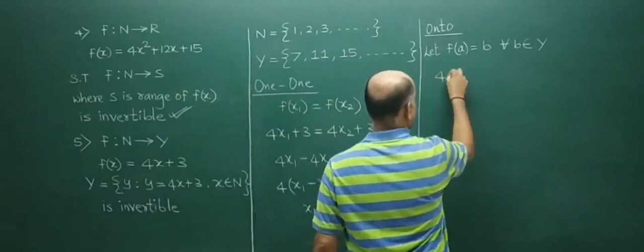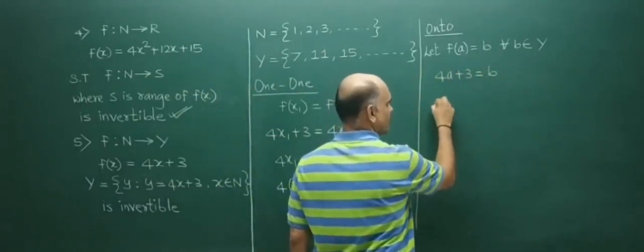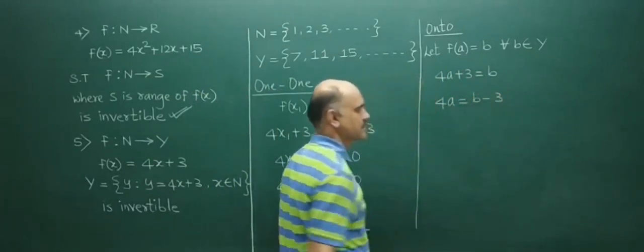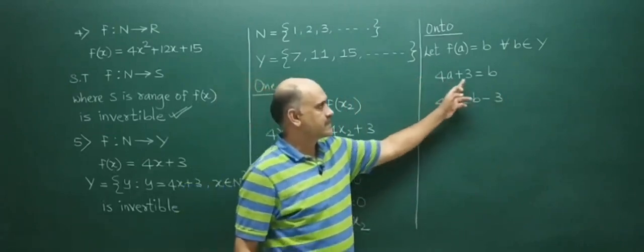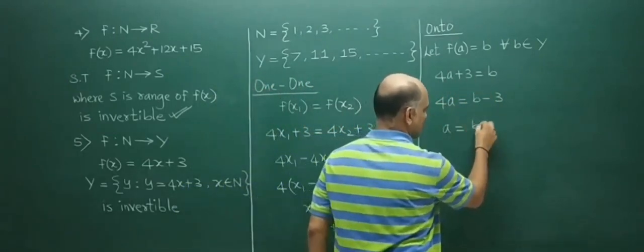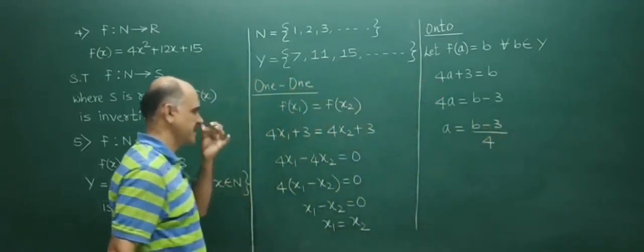So 4a plus 3 is equal to b. Therefore, 4a is equal to b minus 3. You will have a is equal to b minus 3 by 4.